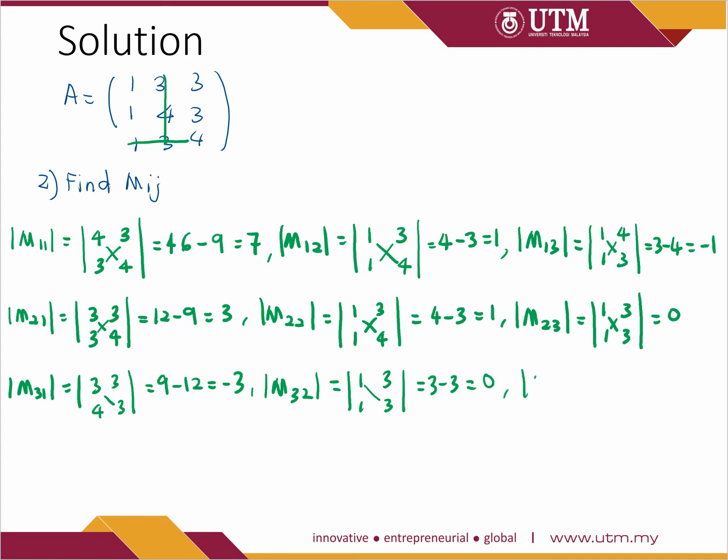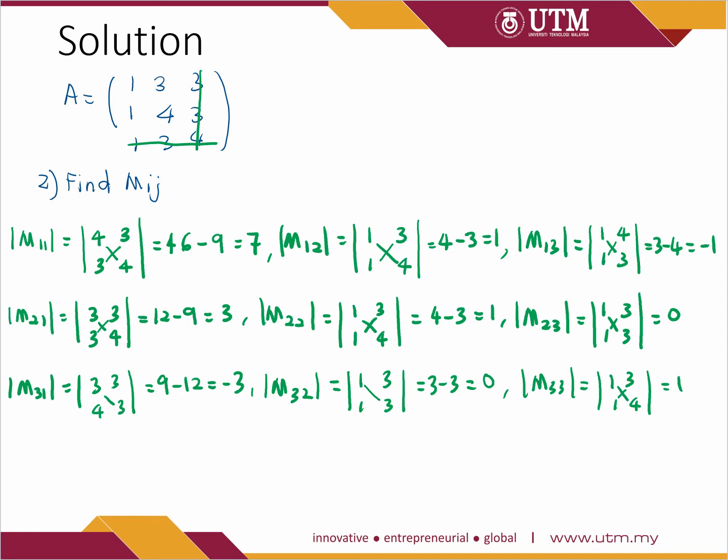And the last one is to find the minor matrix of 3, 3. So here we remove the third row and third column. So our matrix will be 1, 3, 1, 4. 4 minus 3, which is equal to 1.